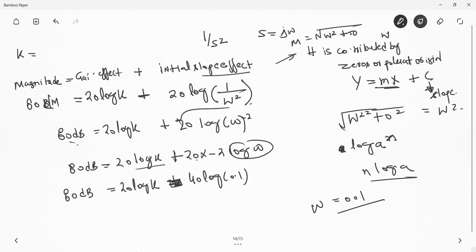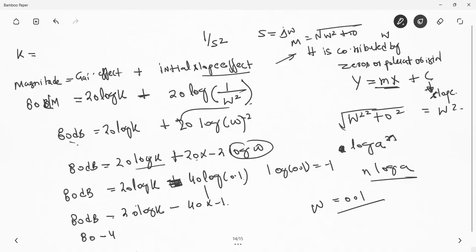Log of 0.1 will give you minus 1. So 80 dB is equal to 20 log k minus 40 into minus 1, so this is plus 40 dB.